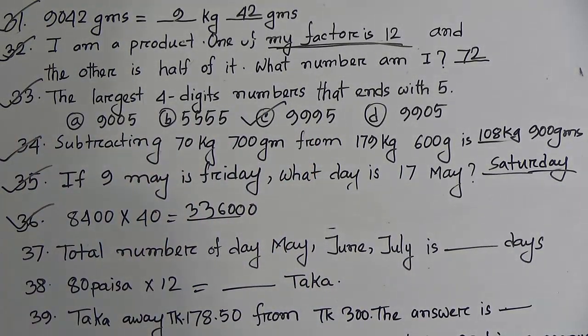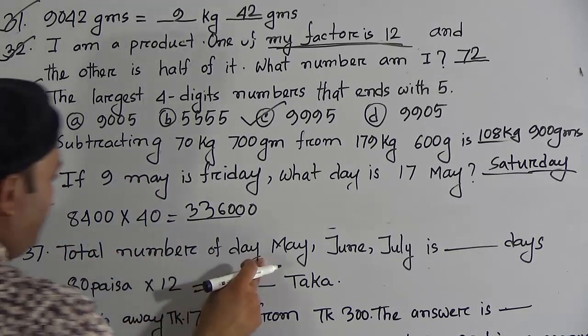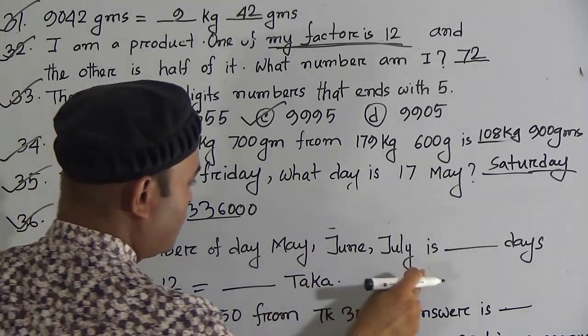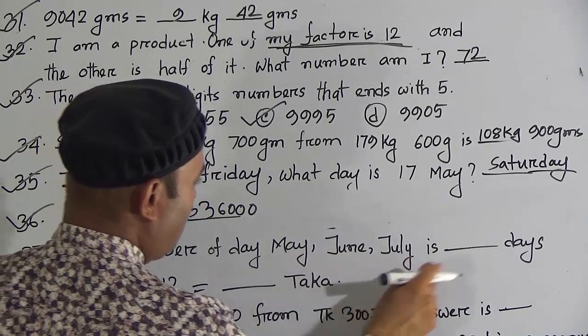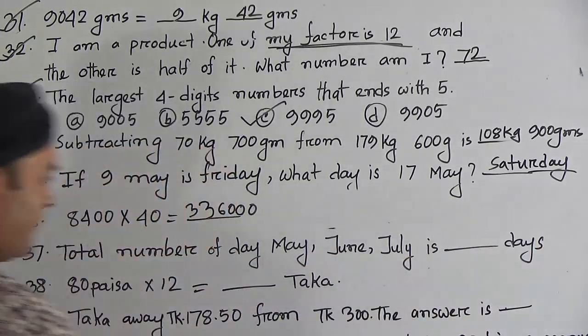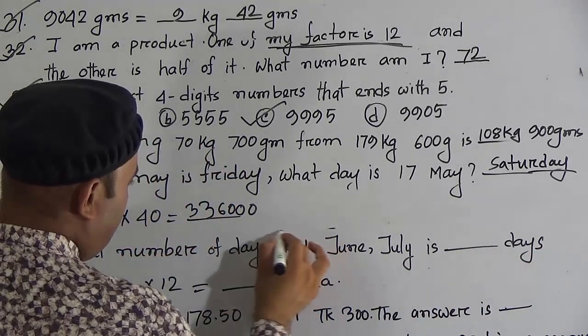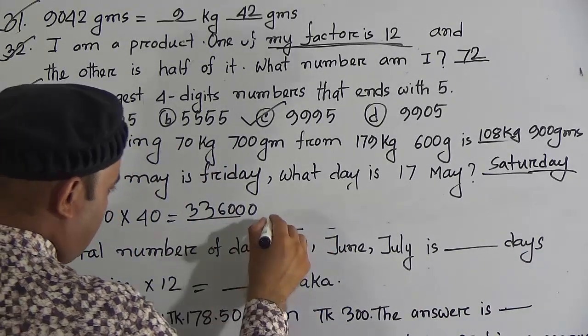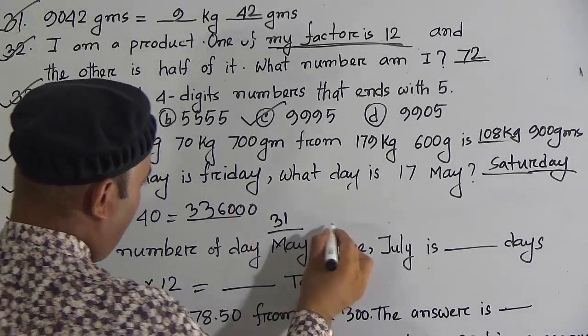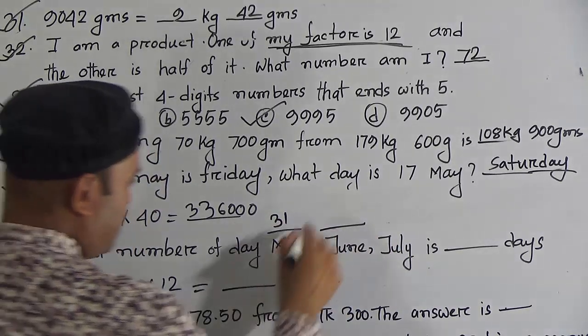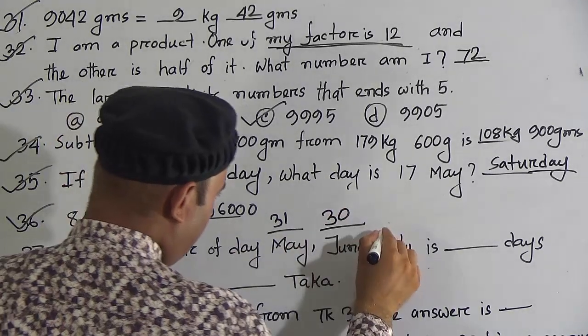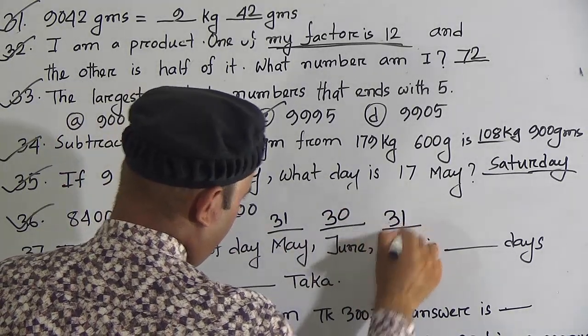Now number 37. Total number of days in May, June, July. We know that how many days are there in May? Here is 31 days. How many in June? Here is 30 days. How many in July? Here is also 31 days.